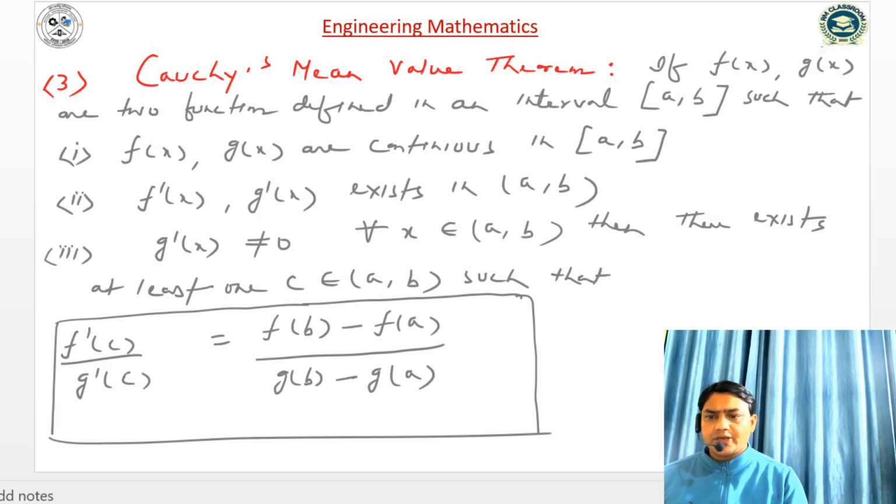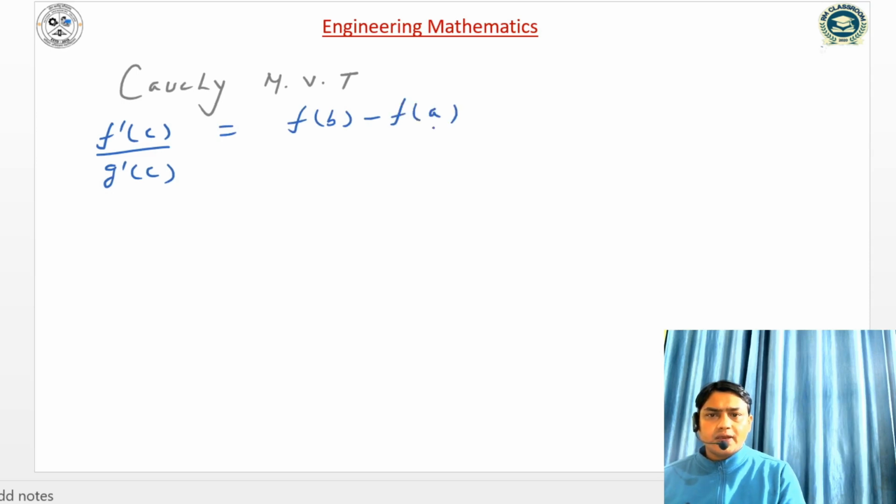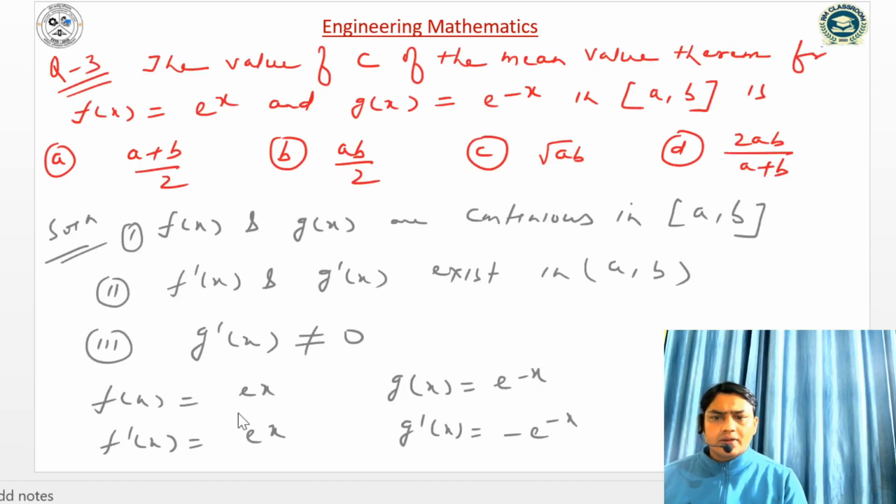So here we have to write f'(c) divided by g'(c) is equal to f(b) minus f(a) divided by g(b) minus g(a). So f'(x) is e to the power x.